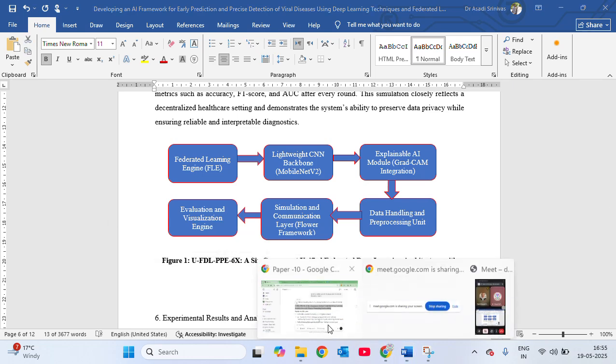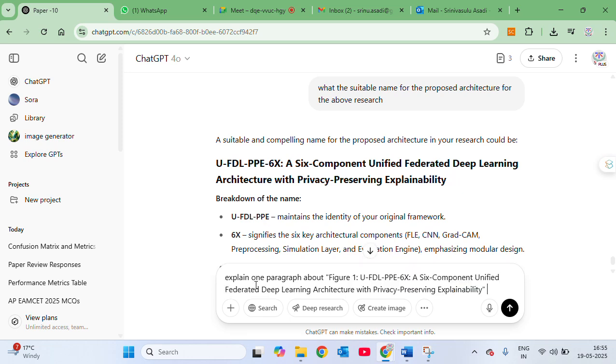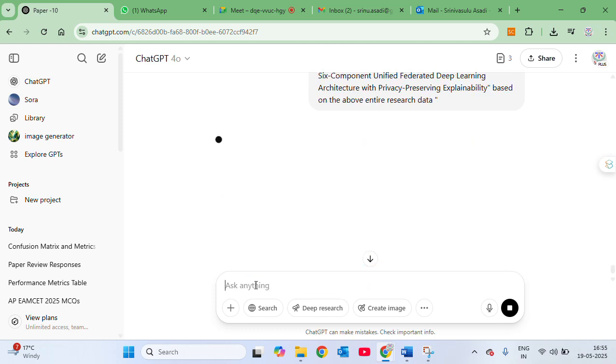Explain 1 paragraph based on the above entire research data. Okay, now it is explaining.